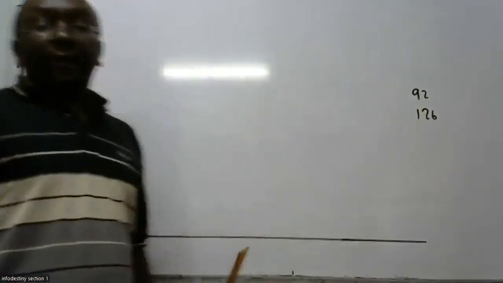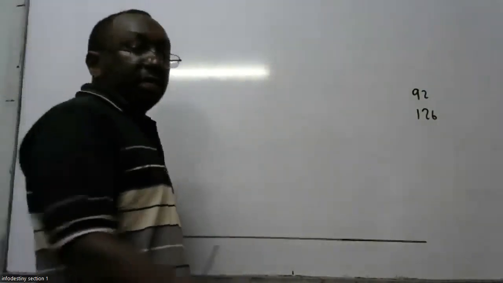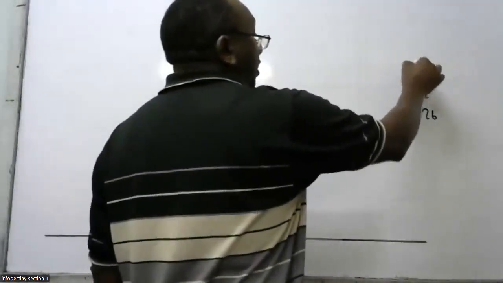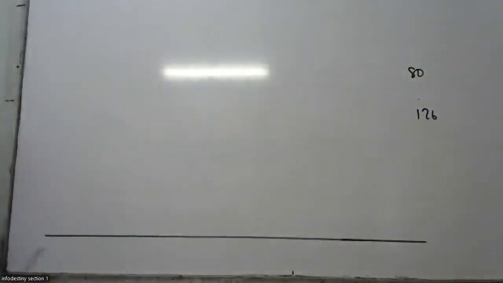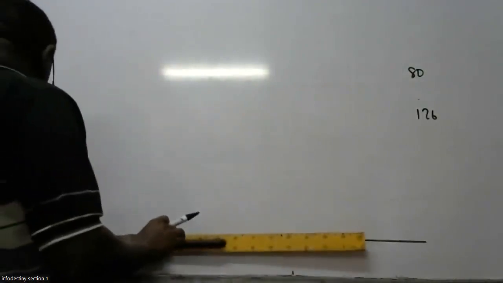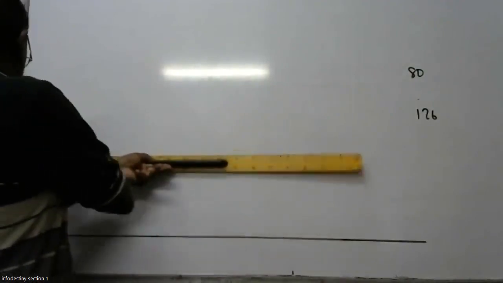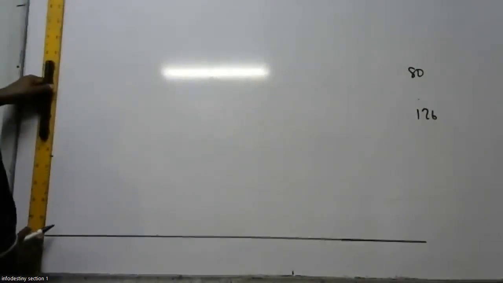Now the lowest is taken to be the lower limit that we have gotten to, which is 80. So we are going to take a graph that is running from 80 to 126. So this is what we will do. So we want to draw a graph.